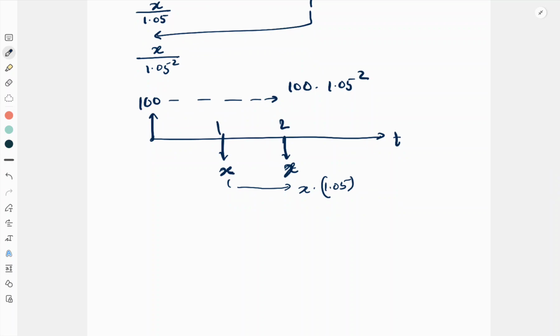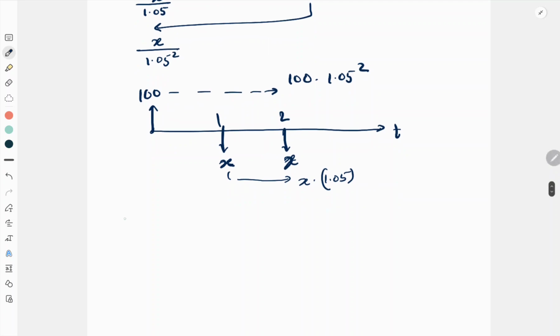The bank has loaned me $100 2 years ago. I have to return the bank $100, or the equivalent of $100, today. So we know that at time 2 all the balances have to be exactly 0. So 100 times 1.05 square, the amount that the bank loaned to me, has to be equal to the amount that I give to the bank at the end of the second year, which is x times 1.05 plus another x.